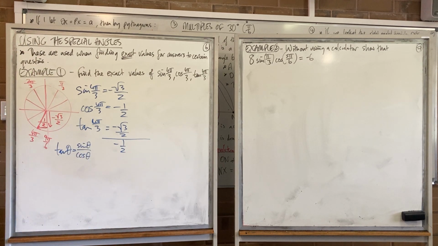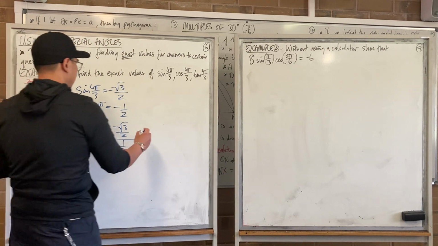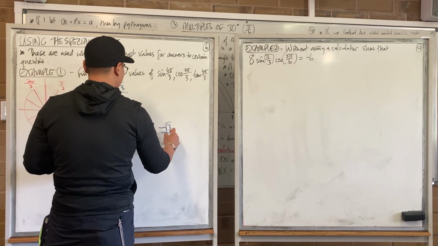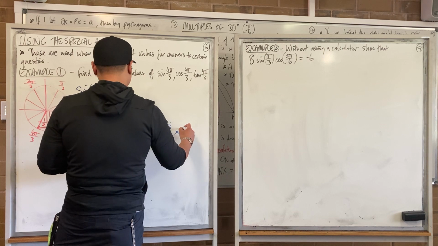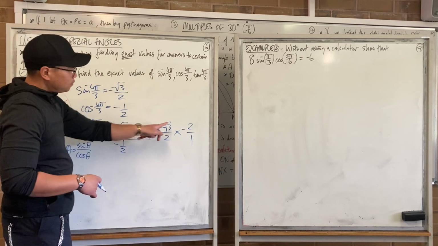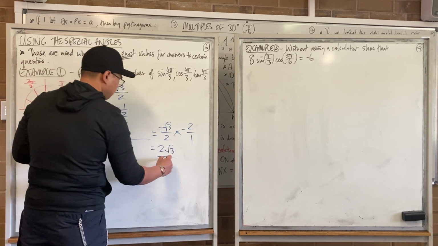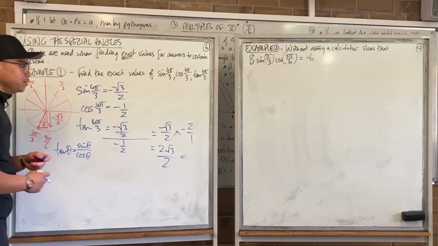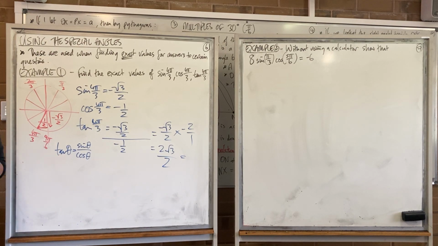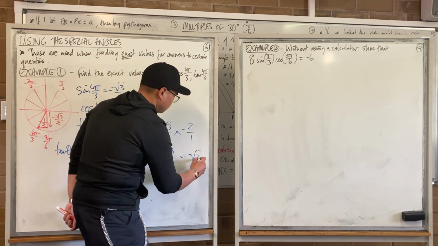What is the same as dividing by a fraction? Timesing by the reciprocal. So that's the same as negative root 3 on 2 times by negative 2 on 1. What's a negative times by a negative? 2 root 3 on 2. I haven't finished yet. I'd lose a mark here because that could cancel down further. What's 2 divided by 2? 1. So what's going to be left over? Root 3.